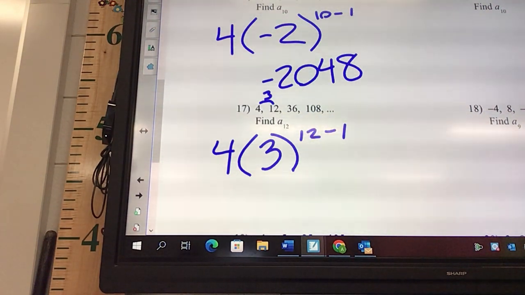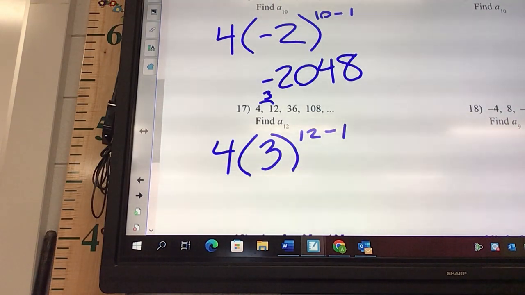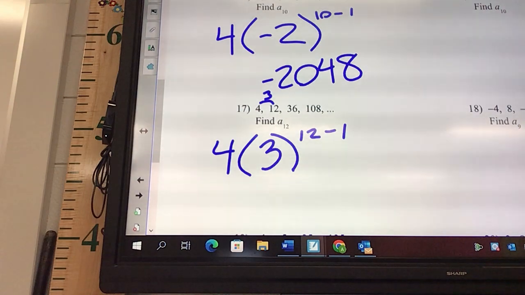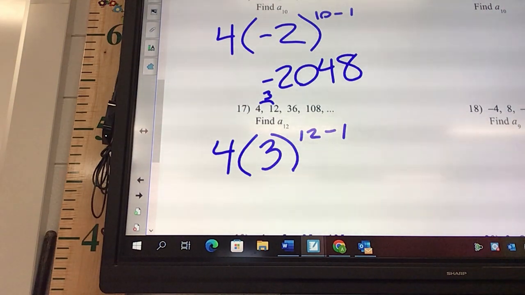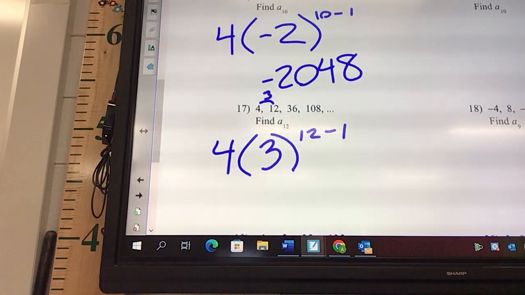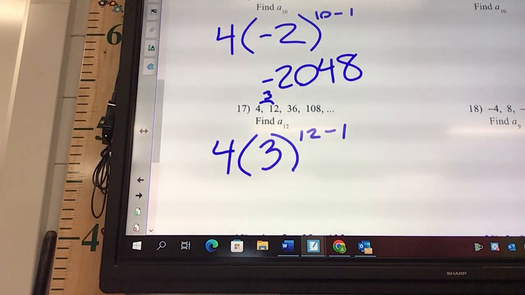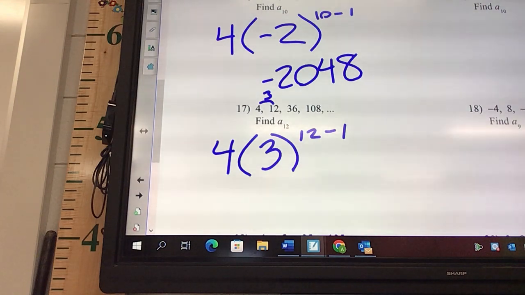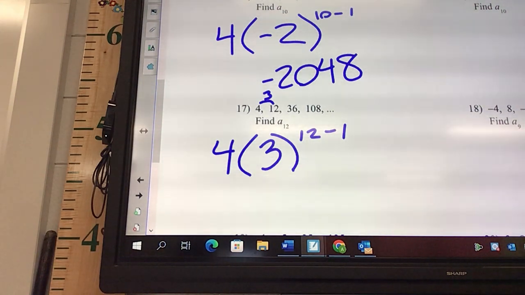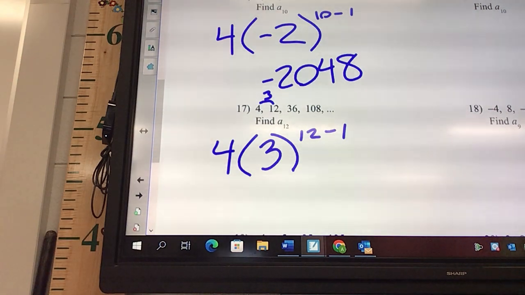A lot of these you're going to get a very big number, and that's why it's better to use the formula than trying to do it by hand, because you can't even tell on the calculator how many times you multiplied. Double negatives go into the calculator.